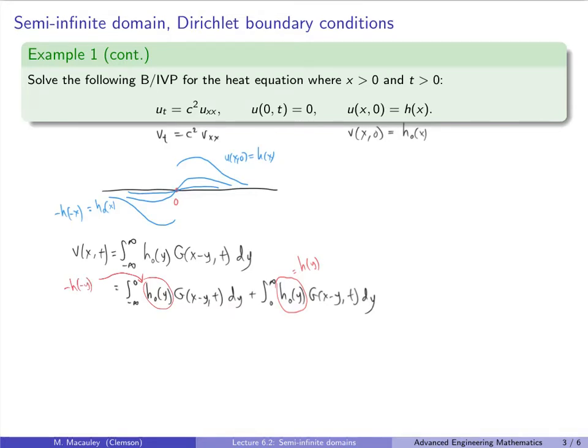I could do this all at once, but I'm going to do it step by step so you can see where, because it's really easy to make a mistake. So this is negative the integral from negative infinity to 0 of h of negative y, g of x minus y, t dy. The next integral is the same, 0 to infinity, though I'm going to make this h of y, so now everything's in terms of the original function, g of x minus y, t dy.